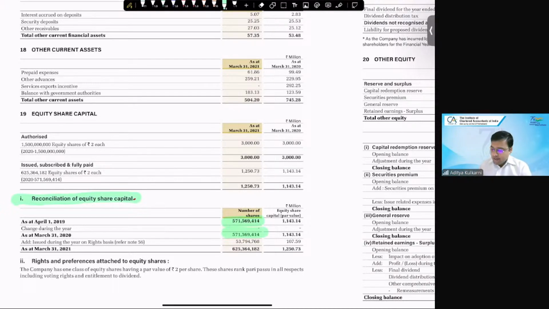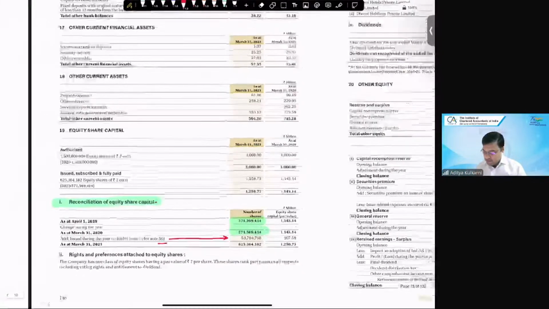But 2020-21, can you see this? There is an issue on rights basis. Can you see this? Yes, sir. And therefore, the closing capital is 625,364,182 shares.